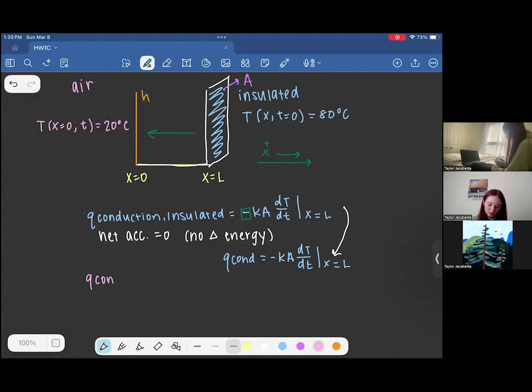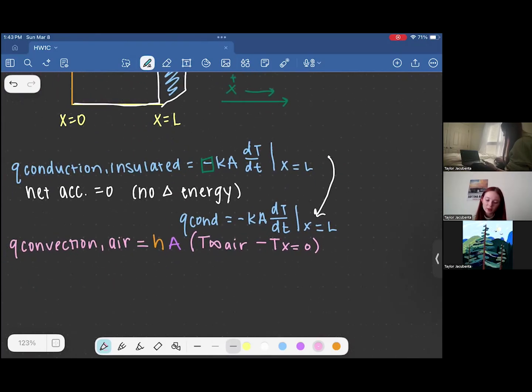Next, we're going to look at the side of our air, which is Q convection of our air-sided surface. It is going to be the heat transfer coefficient h multiplied by the area, which is our cross-section denoted by A, multiplied by the temperature of the infinite air, T infinity, minus the temperature at x equals 0.